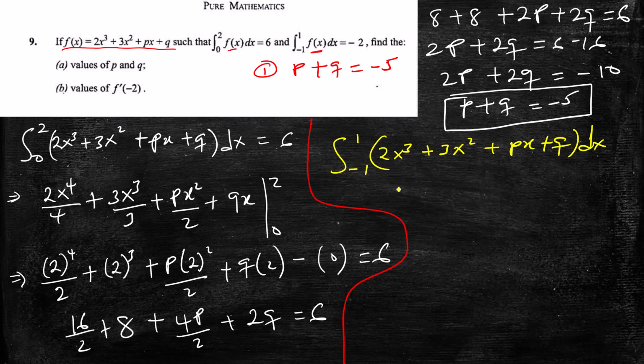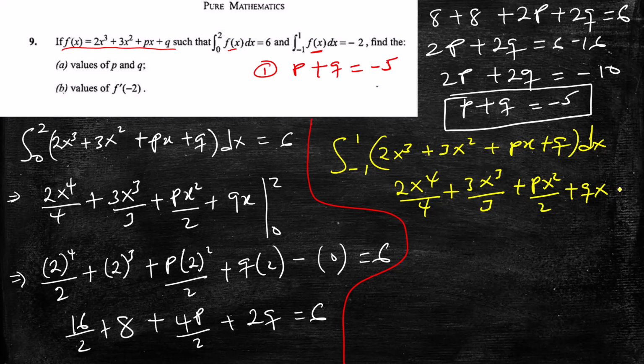So we have 2x to the power 4 over 4, plus 3x cubed over 3, plus px squared over 2, plus qx.